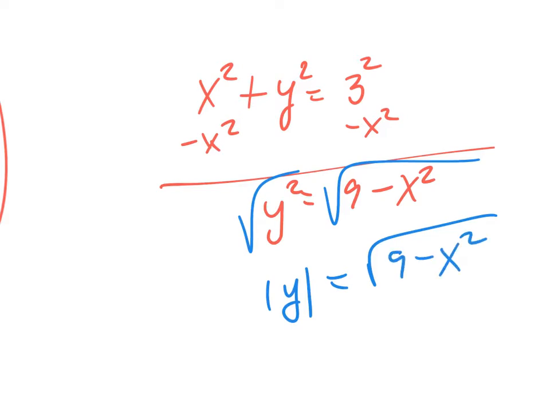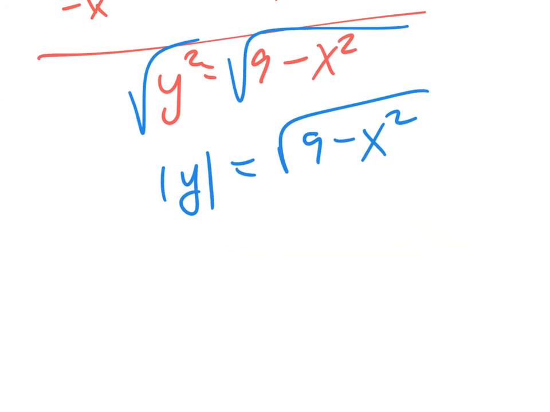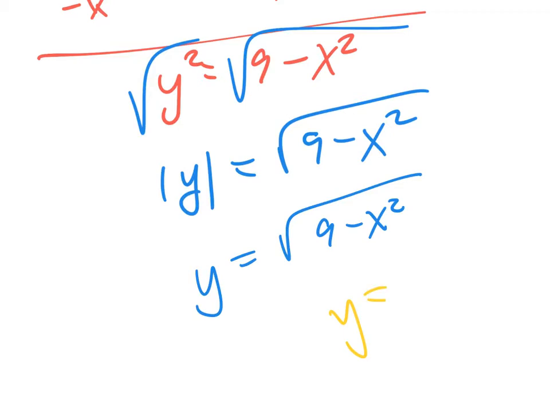Why does that matter? Because it's going to give us 2 equations for it. Let's think about these 2 equations for a second. Square root of 9 minus x squared is one of the equations. What's the other equation? Negative square root of 9 minus x squared, and that negative is actually making your half circle get flipped over.